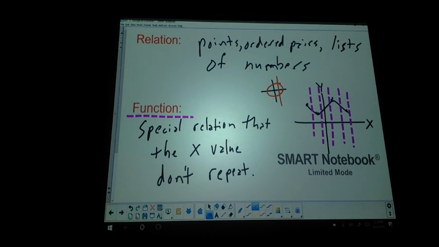So again, we're talking about special types of relationships called functions. Relationships are ordered pairs. They could be ordered pairs that are connected to make a graph. They could just stay as an ordered pair. And then special types of relations are called functions, in which our x value doesn't repeat itself. Didn't say the y couldn't.